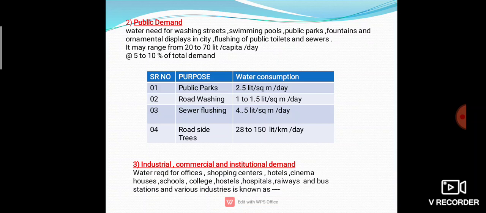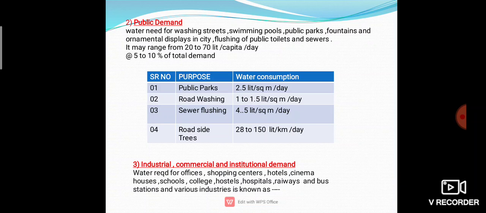Road washing means roads with a heavy amount of dust are sprinkled with water to avoid inconvenience to users. The average quantity of water required is about 1 to 1.5 liter per square meter per day, or about 5 liter per head per day.